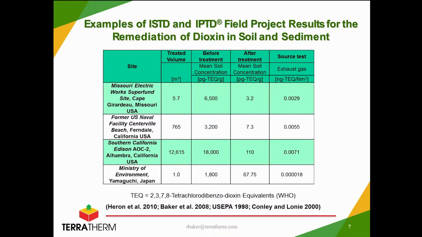And the exhaust gases were monitored by independent third-party source tests and produced very low results in terms of nanograms per cubic meter compared to the standard of 0.2 nanograms per cubic meter that applied to the U.S. projects. Each of these projects is well documented, and the last slide will provide the references.